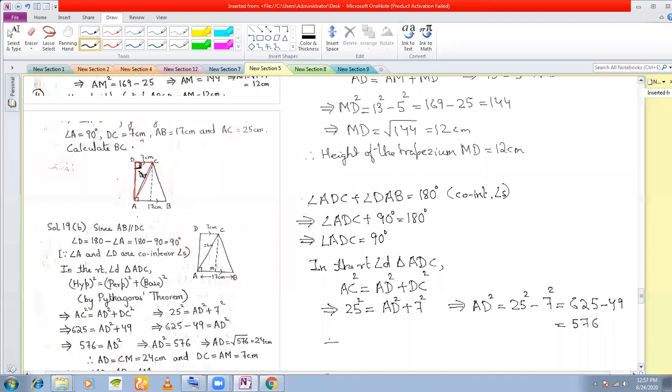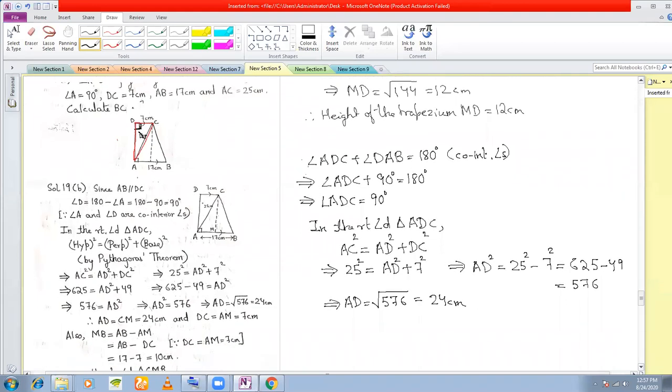Therefore, what is AD? AD is the square root of 576. If you can find out the square root by division method, 24 centimeters. Okay. So we have managed to find out which side? We have managed to find out AD, right? So this side, what is the length we have found out? 24.